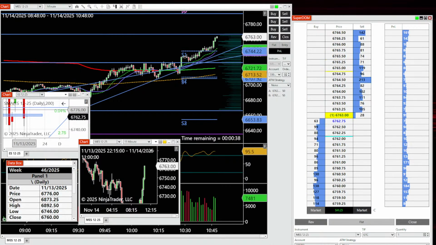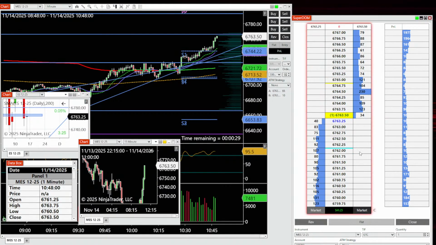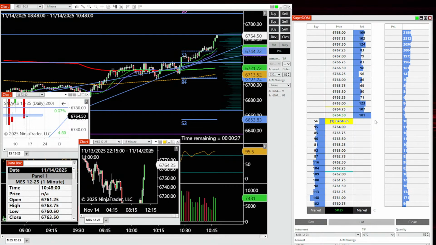The close on here is 60. And it looks like it's still trying to run. Still running.